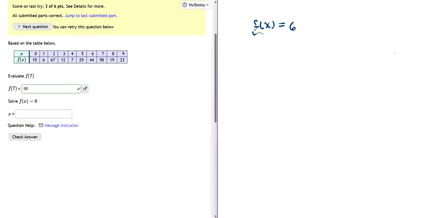Now you can replace the notation f of x with y, and then that might help you understand that if you were doing a table of ordered pairs and you knew that the y value is 6, you would be looking to see what the x value is that gets paired with that. So we're going to find where the y value is 6 in the table, and then see that the x value that corresponds to it is 1.